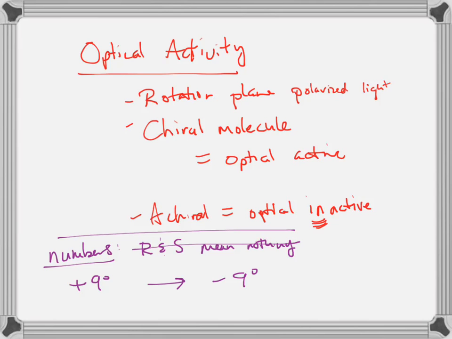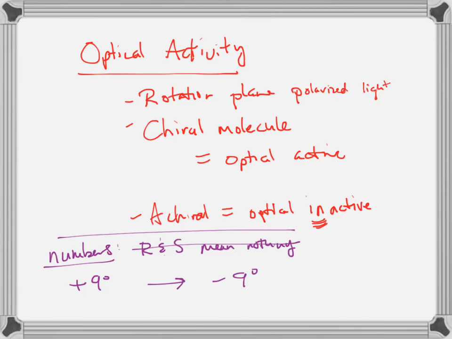If we're looking at enantiomers with one stereocenter, one of them will rotate light a certain number of degrees in a certain direction. If we change to the other enantiomer, we have the same arrangement of atoms, but now the light rotates the other direction, by the exact same amount. So going from one conformation to the other, we go from +9 to -9.